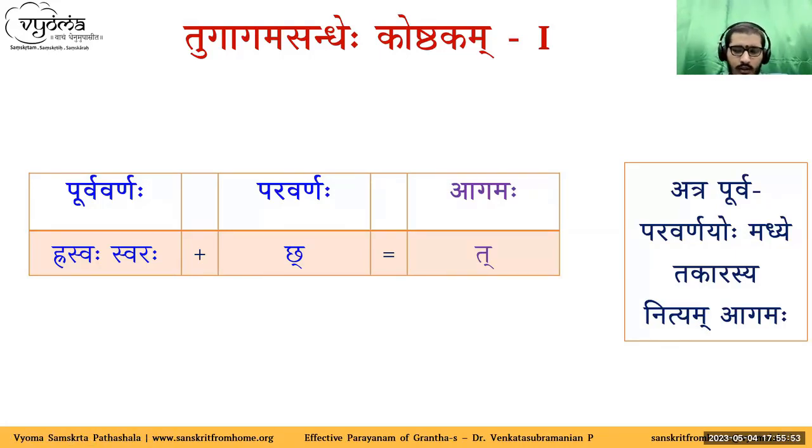And the first rule of Tugagama overrules the general statement which we have told, Vakya Vivaksha. Since this is overruling that statement, that statement should prevail when the Purvarna is Dirghaswara and when the Purvarna is at the end of the Pada.